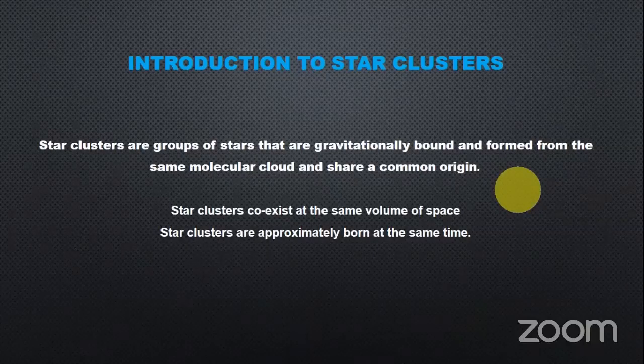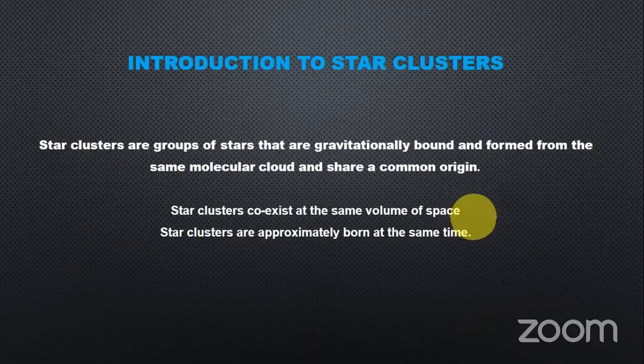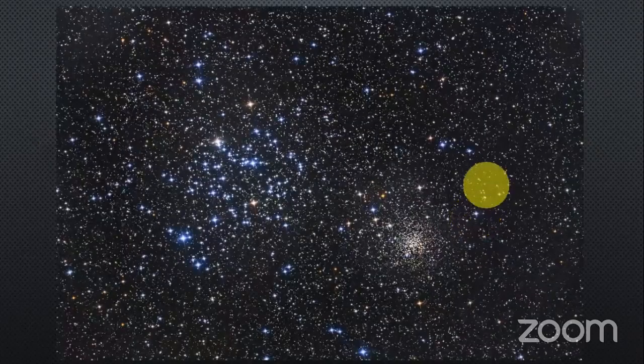Now, star clusters coexist in the same volume of space, and they are born at approximately the same time. What do I mean by these two statements? I will revisit them when we come back to it.